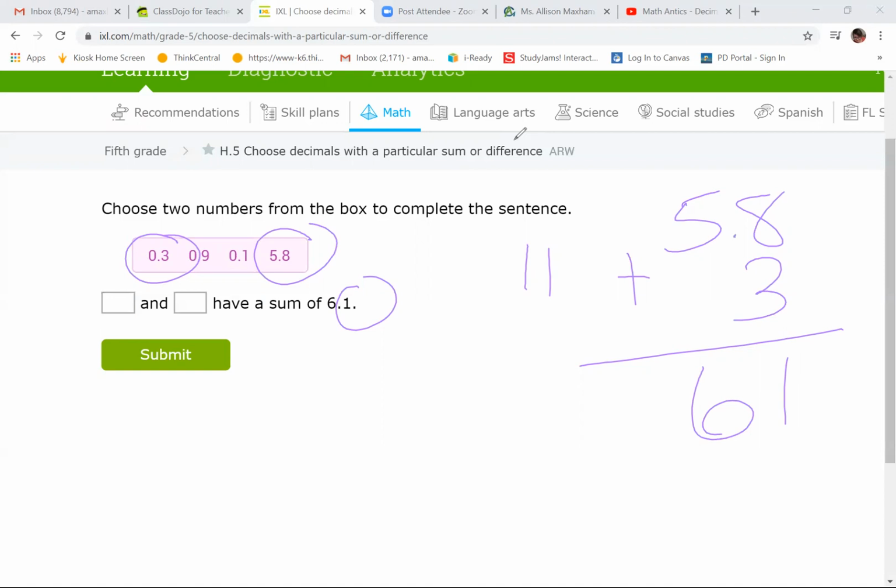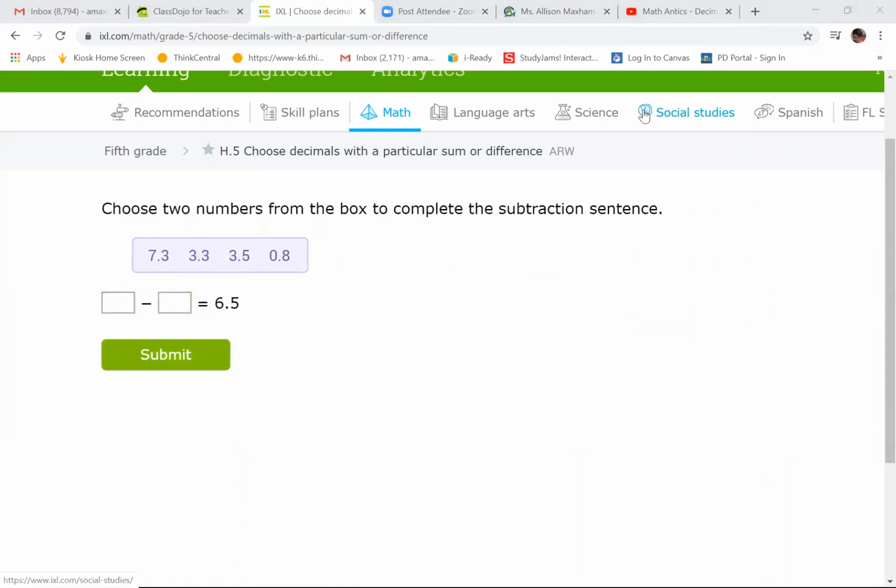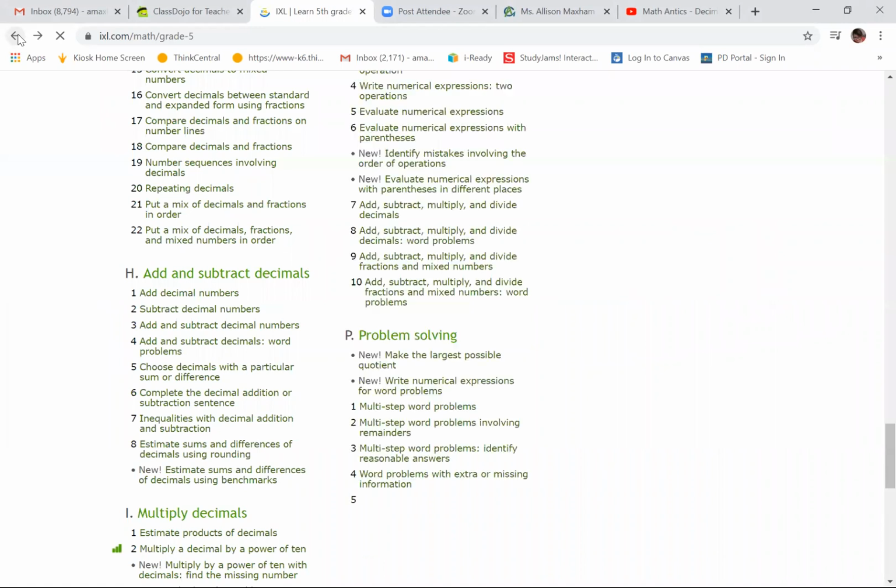So 5 and 8 tenths plus 3 tenths is 6 and 1 tenth. So that's going to be the answer. Wonderful. So that turned out to be pretty okay. I thought it was going to be very challenging.